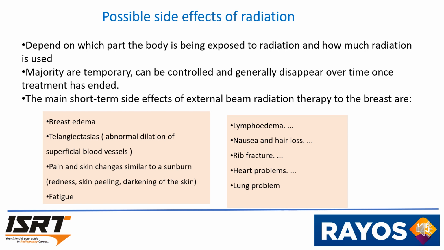The main short-term side effects of external beam radiation therapy to the breast are breast edema, telangiectasia, that is abnormal dilation of superficial blood vessels, pain and skin changes similar to a sunburn, that is redness, skin peeling, darkening of the skin, and fatigue, lymphedema, nausea and hair loss, rib fracture, heart problems, lung problem.